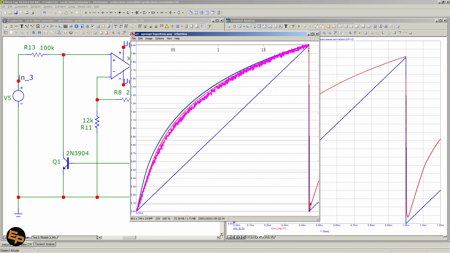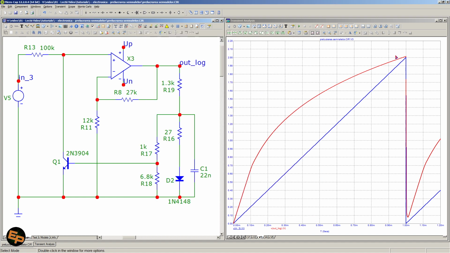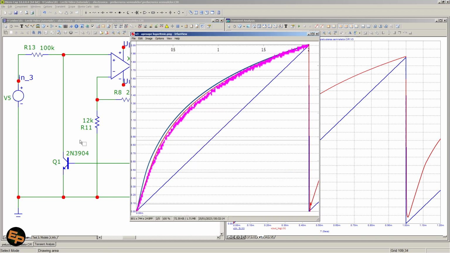So if we are to take this response curve and compare it with an actual logarithmic curve calculated mathematically, we would get this. I have overlapped 3 different graphics in this image. The dark bluish external curve is the actual mathematically calculated logarithmic curve.